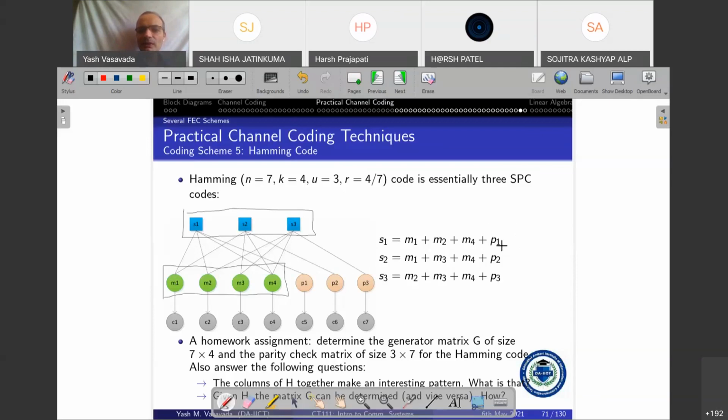So the first parity bit is the XOR of M1, M2, and M4. Second is the XOR of M1, M3, and M4. The third is the XOR of M2, M3, and M4. So again, this time I have given you the bipartite graph of the Hamming code, right? So this is the bipartite graph.